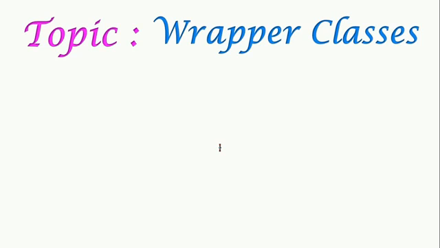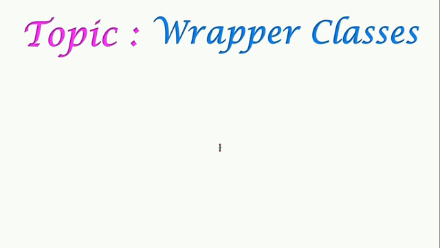We know that in an object-oriented programming language, everything exists in the form of classes and objects. But the primitive data types are not objects because they are defined in the language itself. Sometimes we may need to convert primitive data types into objects.